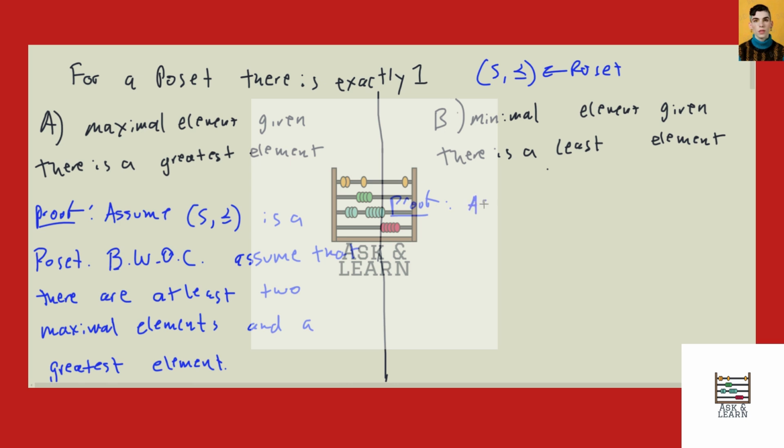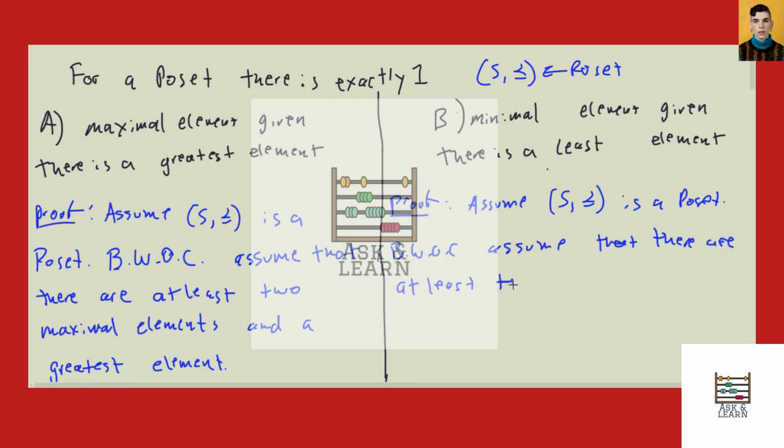We're going to assume that S with this ordering is a poset. Now, by way of contradiction, we assume that there are at least two minimal elements and a least element.